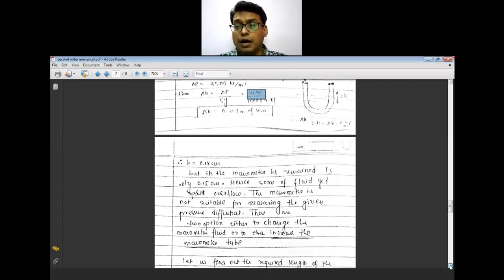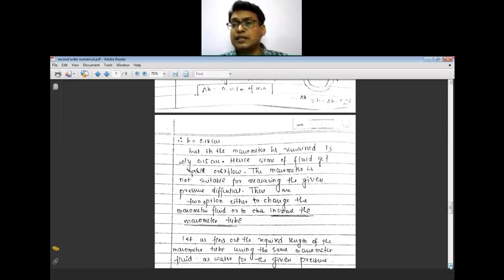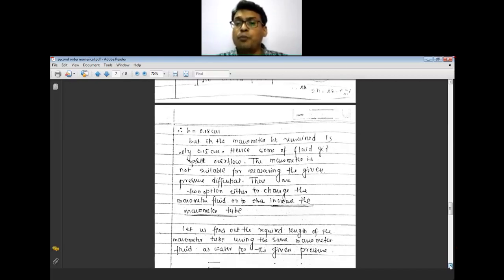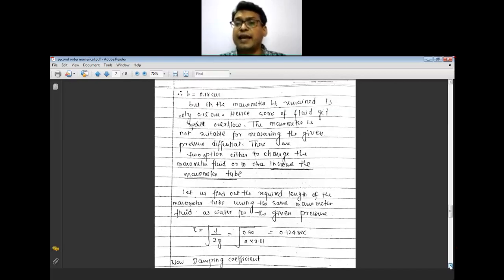So spillage will take place in this case. Now, to prevent this spillage, I can make two different manipulations. The manometer is not suitable for measuring the given pressure difference.